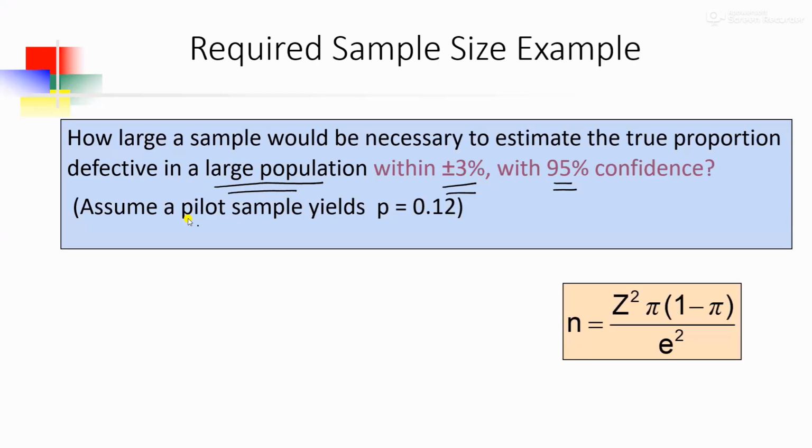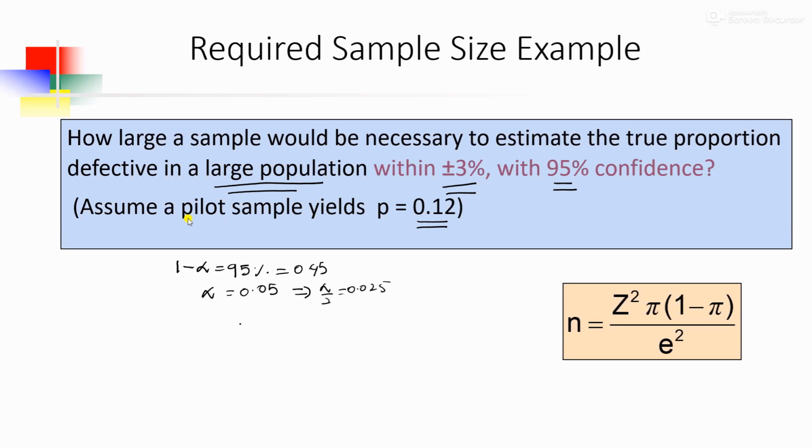Here we assume a pilot sample proportion P is equal to 0.1. So now we need Z. 1 minus alpha is 95%, that is 0.95. So alpha is 0.05.